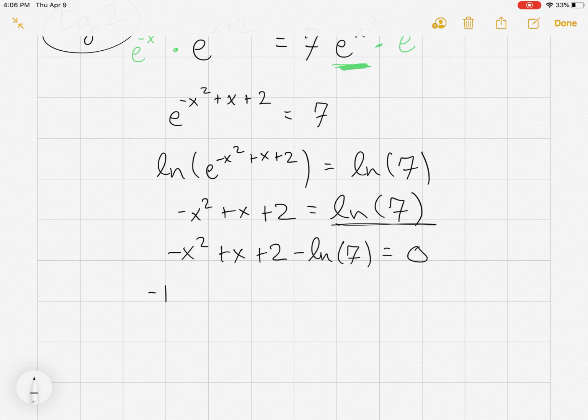So in this case, it would be negative 1, which is our negative b value, plus or minus the square root of b squared, 1 squared, minus 4 times negative 1 times 2 minus the natural log of 7.